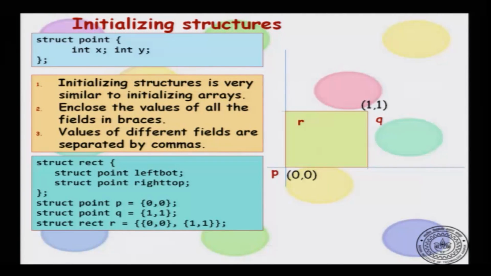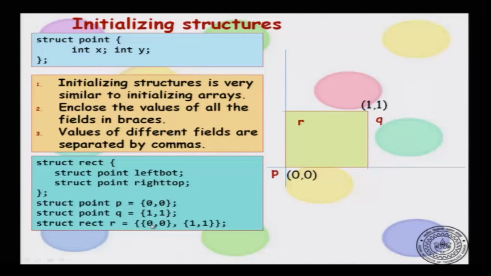Now, you can do the same thing with nested structures. So, this is very nice. If I want to define a rectangle, remember that a rectangle has two fields which are themselves structures, they are points. Okay. So, if I say r equal to 0 0 within braces, comma 1 1 within braces, what happens is that r's first field, which is the left bottom, will get the value 0 0.